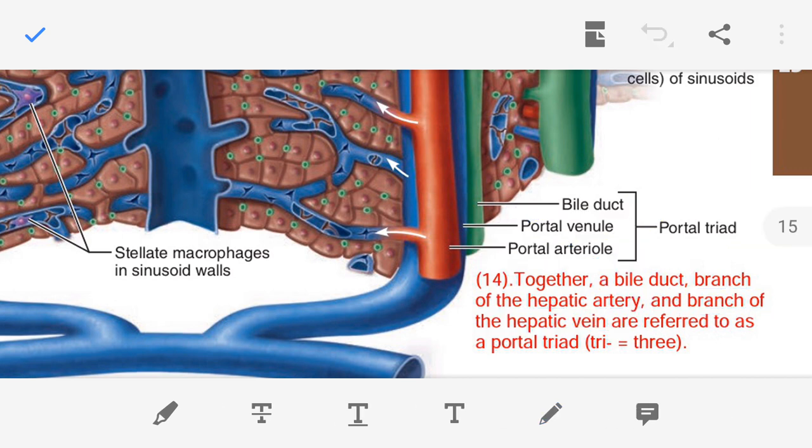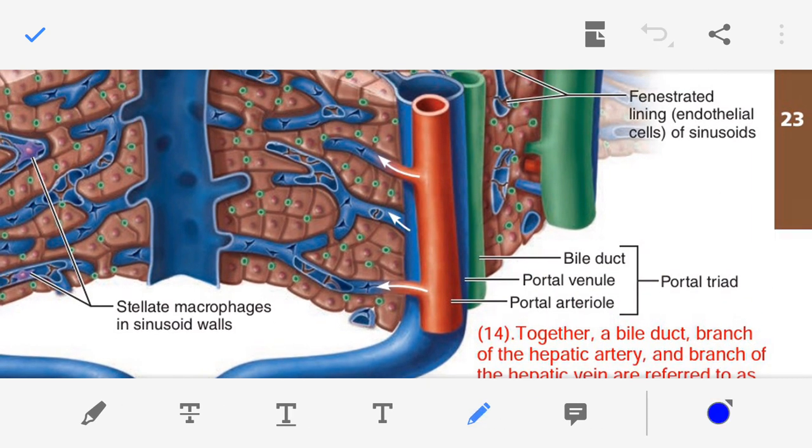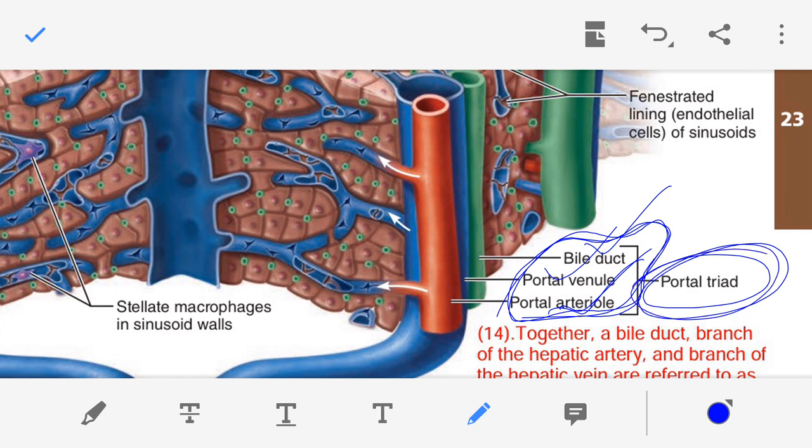So three things: bile duct, portal venule and portal arteriole. Together these three items are known as portal triad.